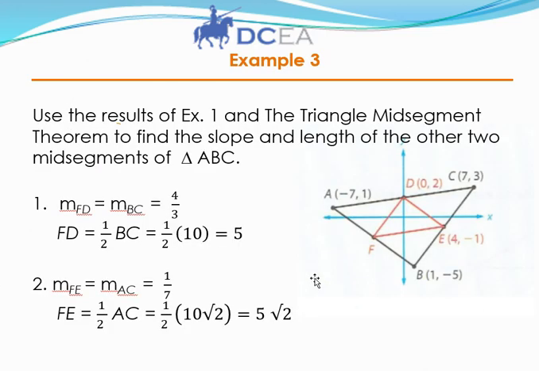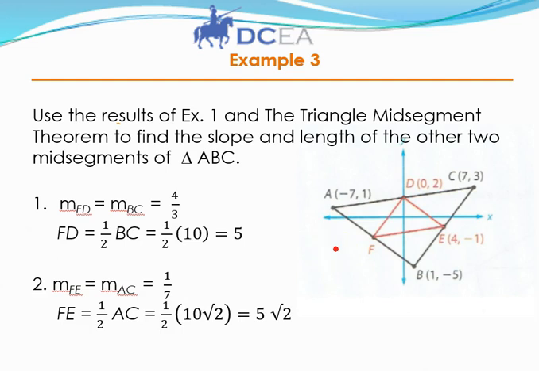Let's look at example 3. We're going to use the results from example 1 and use the triangle mid-segment theorem to find the slope and length of the other two mid-segments of triangle ABC. We already found DE, but all the other sides also have a mid-segment, so we're going to solve for those.